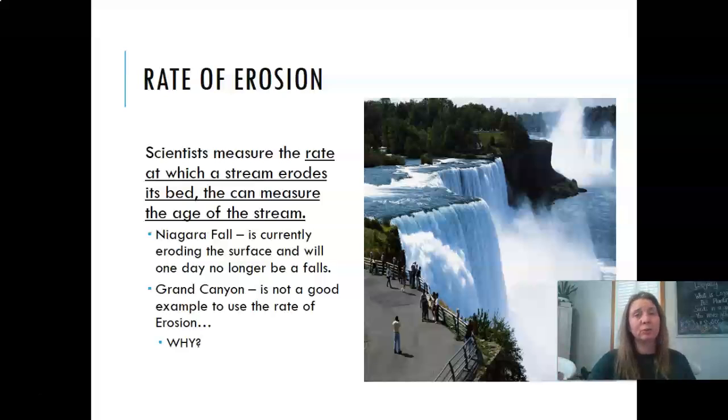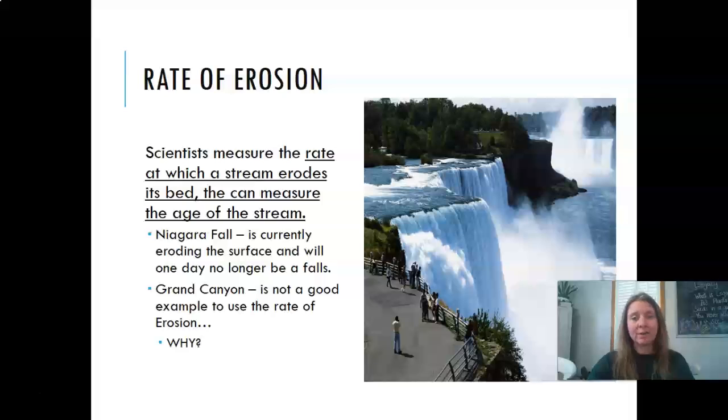This is really important because we can find out a lot of information just by how rocks erode down. I have a picture here of Niagara Falls, which is a great example of an erosional process.